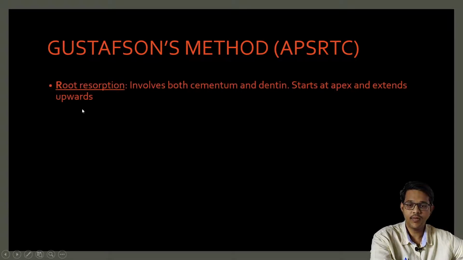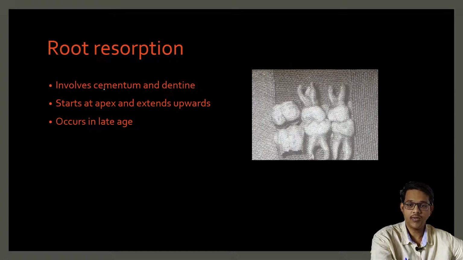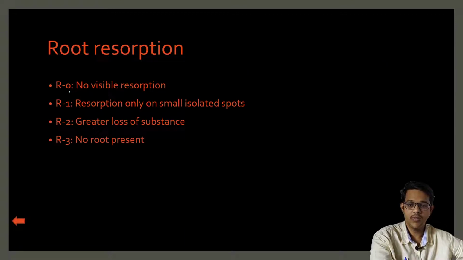Next is root resorption. Root resorption involves both cementum and dentin. It starts at the apex and extends upwards. It occurs at a very late age. Again, it is graded into R0, R1, R2, and R3. R0 is no visible resorption seen.